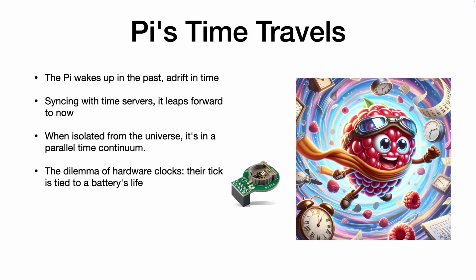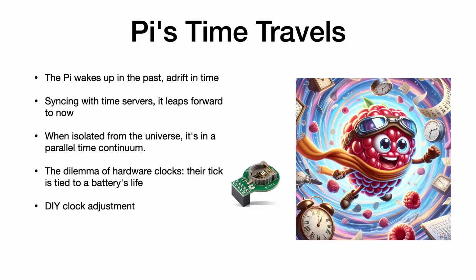And we found out the hard way that, unlike your PC or your Mac, where you don't really think about the little button battery that's in there powering the hardware clock, in the case of the Raspberry Pi, the hardware clocks will last about 1.5 to 2 years. After that, you're left with no clock at all and back to square one. And changing the battery is not an option. So we had to go another way.